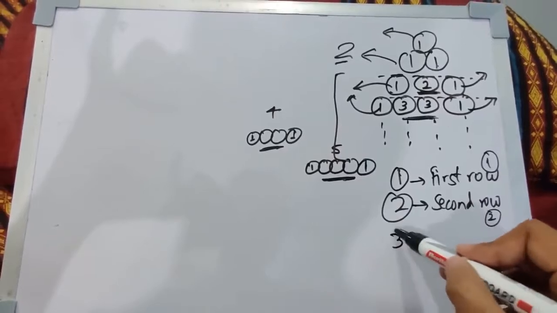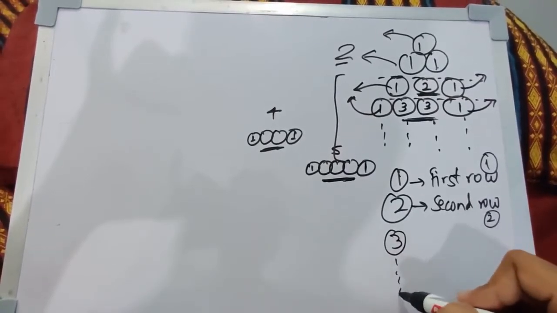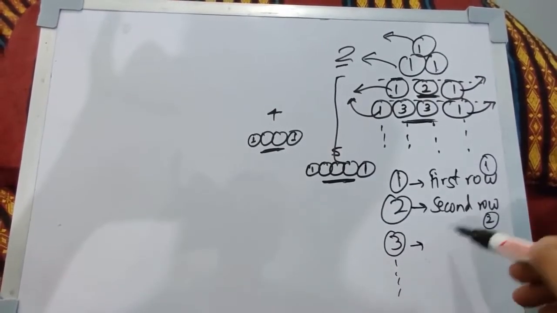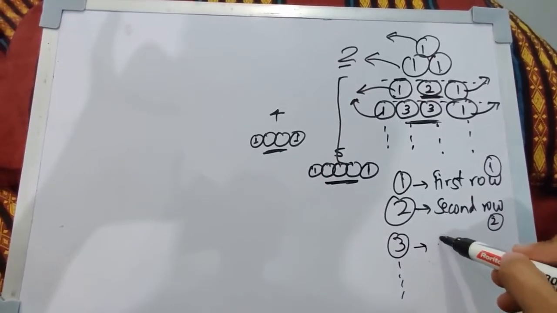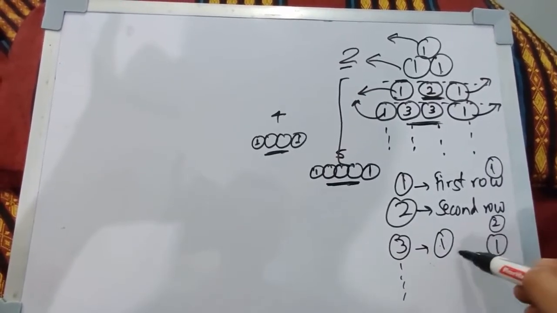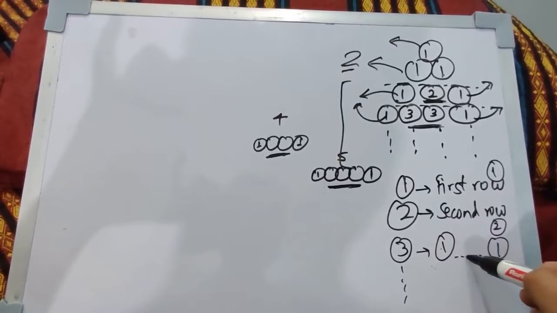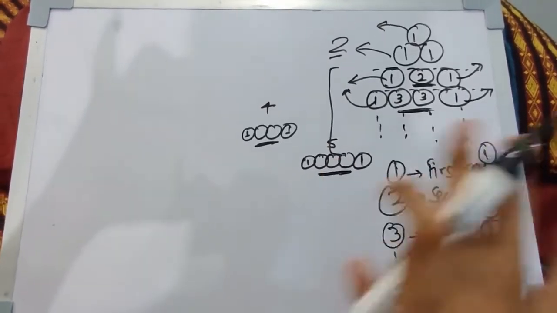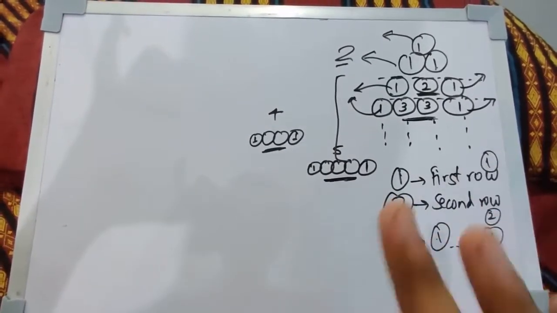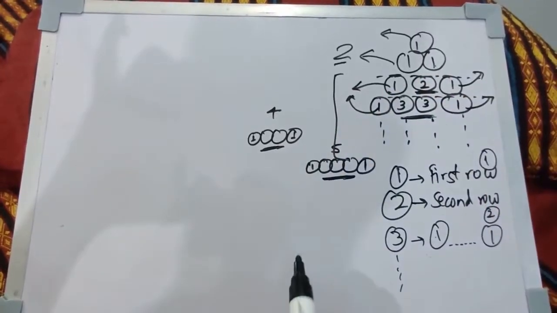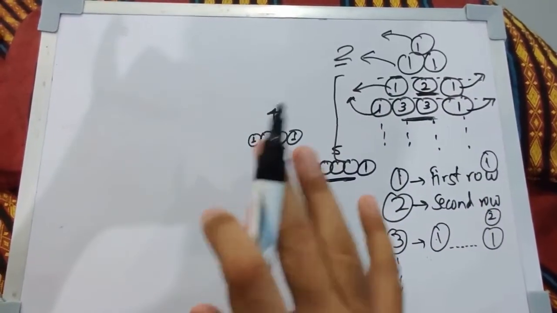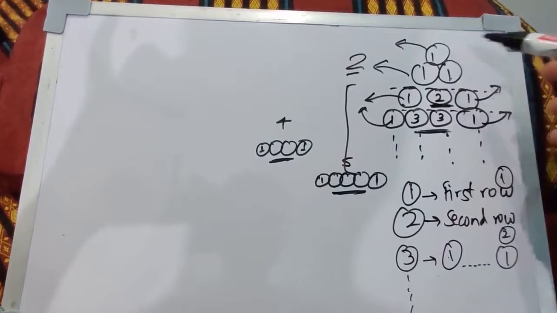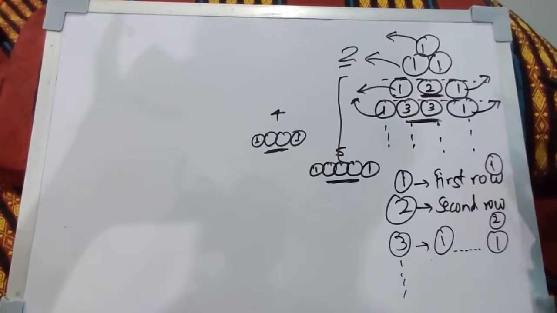And in the third row and so on, we will have both the ends of the node as value 1. So we need to calculate only these values. So this much is defined, right? Okay, now let me write down the pseudo code first, and then we can see step by step how it is going to work.